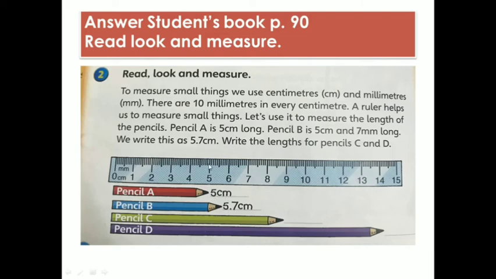You're going to measure this. Pencil B is 5 centimeters and 7 millimeters. So let us see. So it is 5 centimeters and 7 millimeters. So we are going to write it as 5.7 centimeters. Now you are going to write the lengths for pencil C and D. Good luck answering.